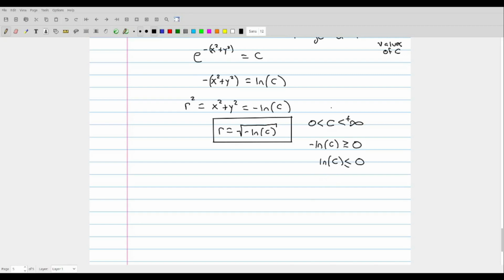c, if you look at the graph of the natural log function, if the natural log function of c is less than or equal to 0, that means that c has to be between 0 and 1.